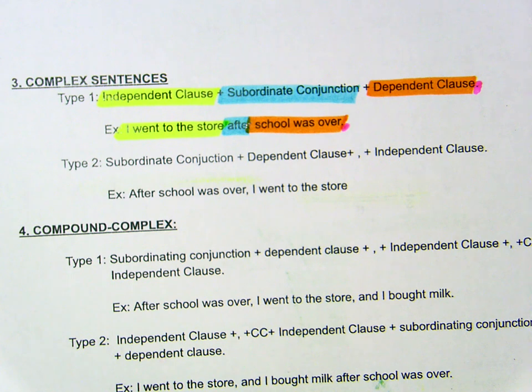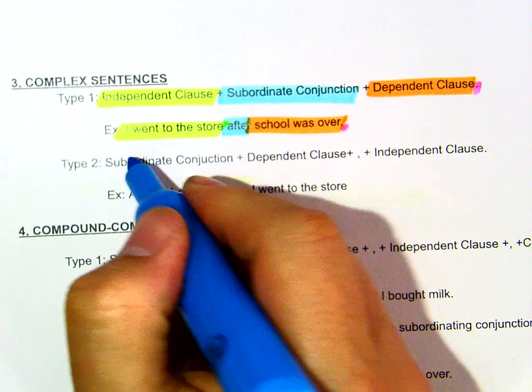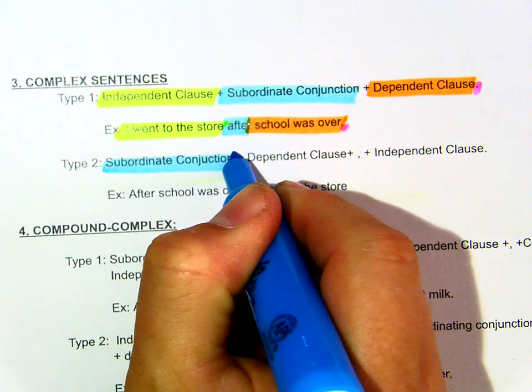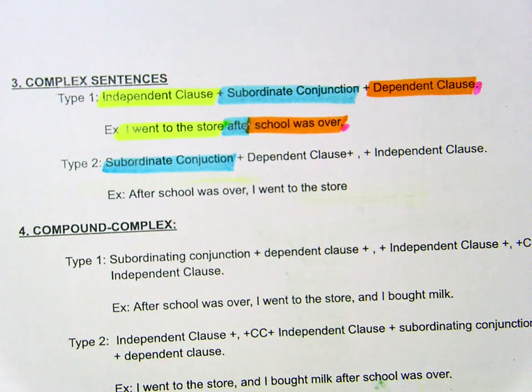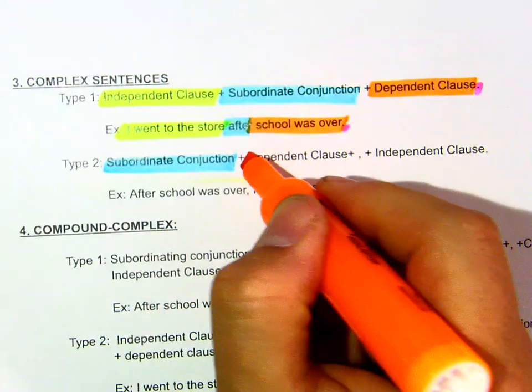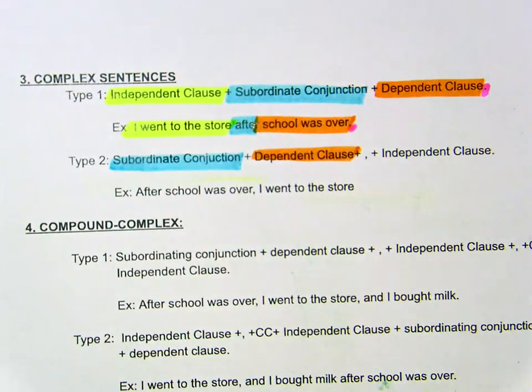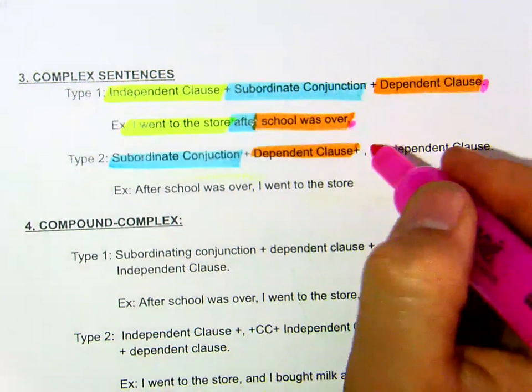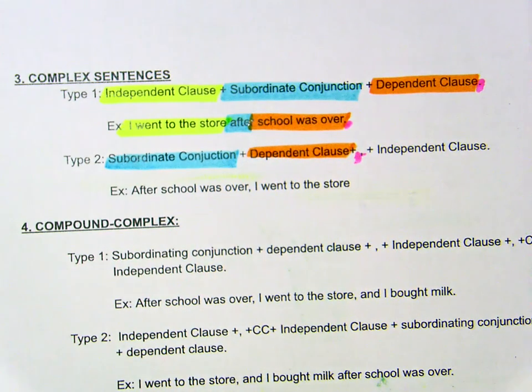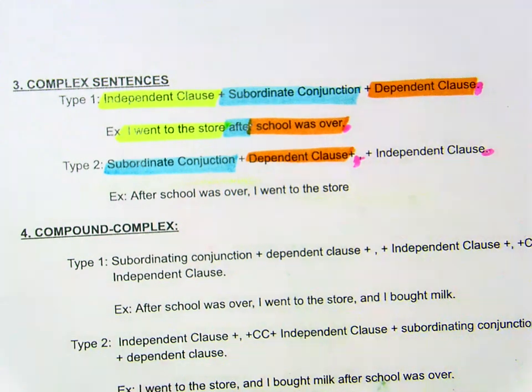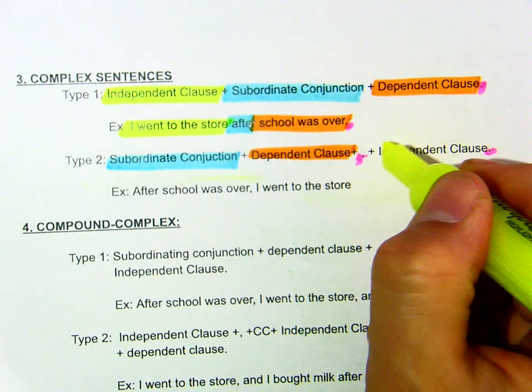The second way that you can put it together is you can have the subordinate conjunction first, and then the dependent clause, then a comma, and then a yellow independent clause.